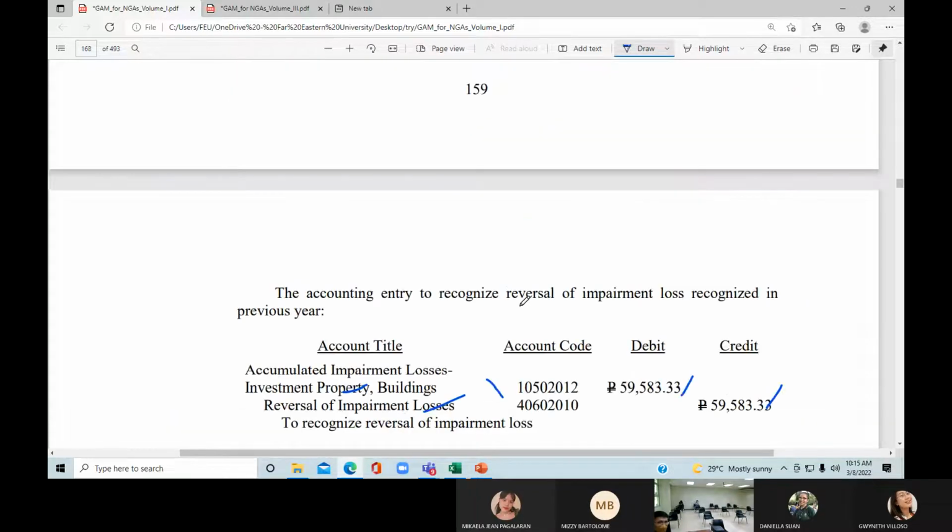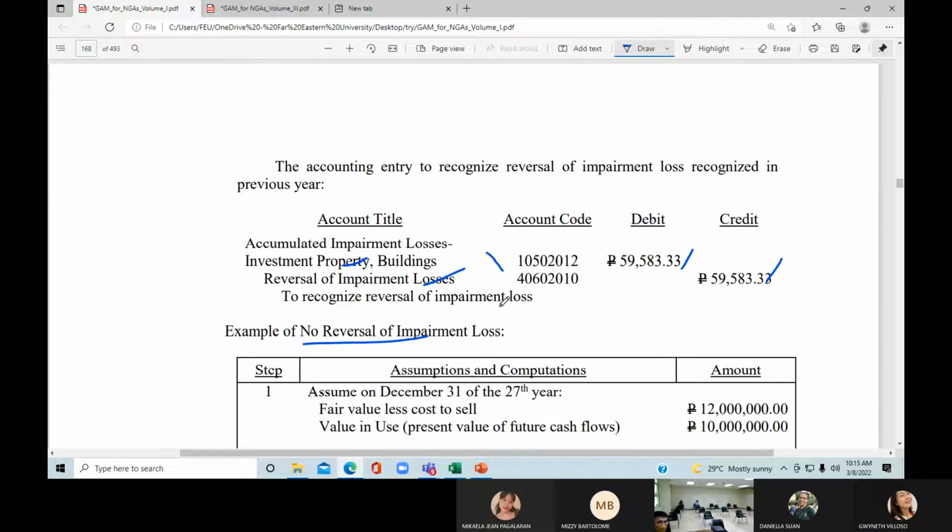Kung entry, simple lang din naman. Debit accumulated impairment losses, investment property, credit reversal of impairment losses. This is a revenue account. Tingnan mo ulit dito, no?